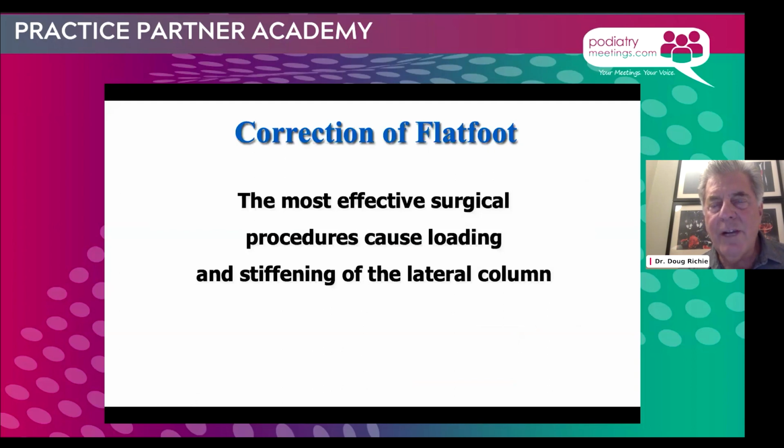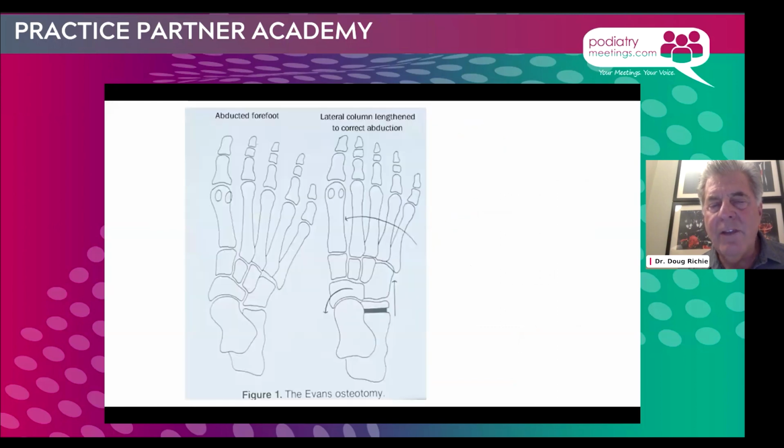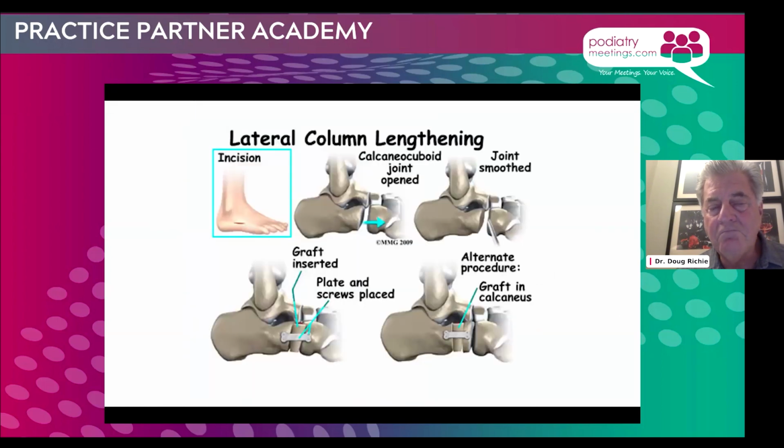We find that in the correction of flat foot surgically, the most effective procedures stiffen the lateral column, whether it's lengthening the lateral column or wedging. And the lateral column lengthening procedure has a profound effect on a flat foot deformity for reasons we don't really fully appreciate, but if you understand the twisted plate mechanism, it makes perfect sense how it accomplishes such a profound correction.